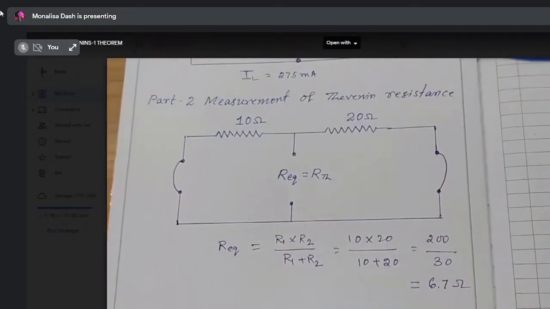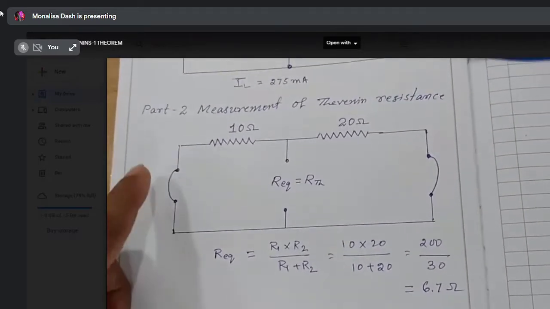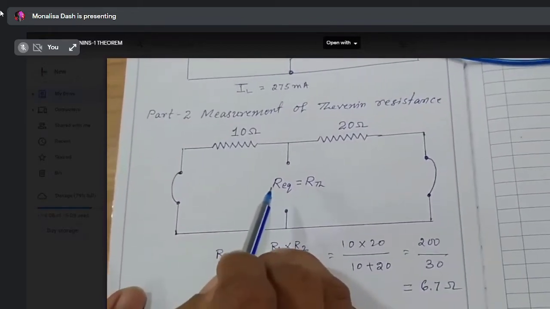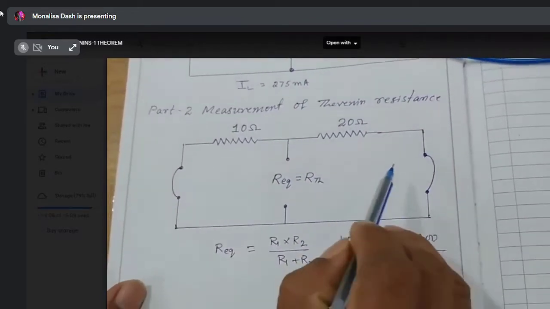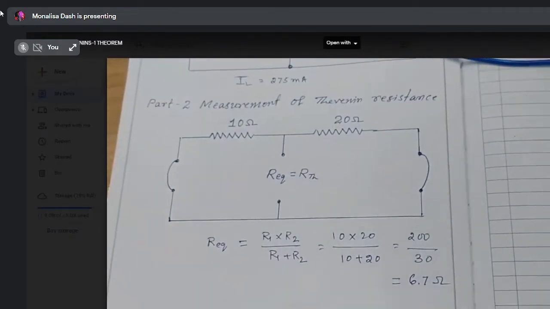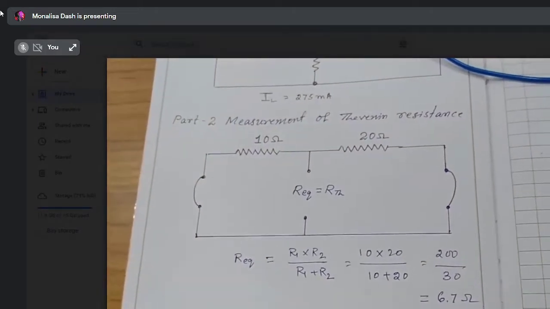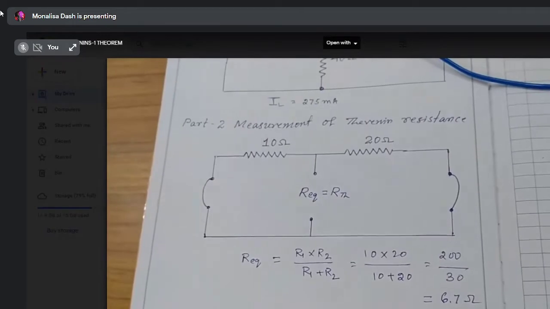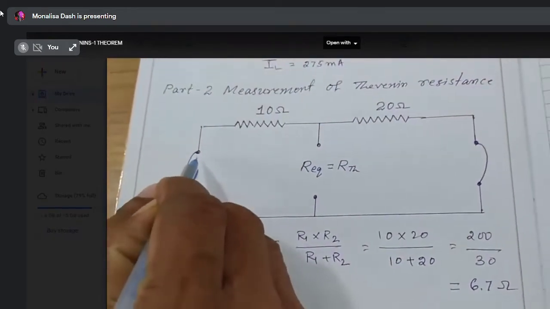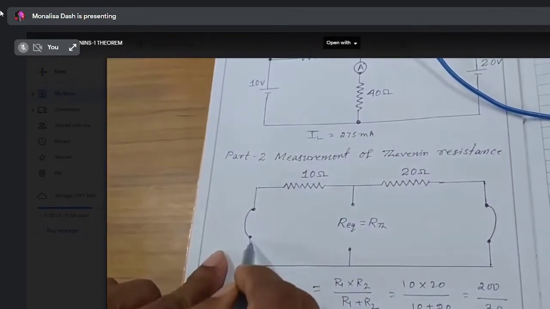To verify this theorem, we are using 3 steps. In step 1, we have to measure the Thevenin resistance. To find out the Thevenin resistance, first we have to inactivate the voltage sources and remove the load resistance from the circuit. So here you see, instead of a voltage source, just put a short across this.